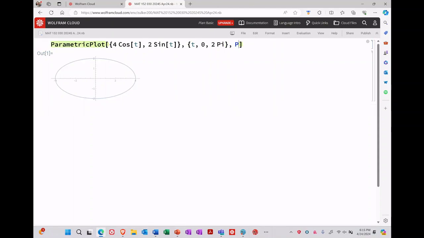But of course, there are several options we can do. The main one being, I don't like the color. I'll just go ahead and label the axes.